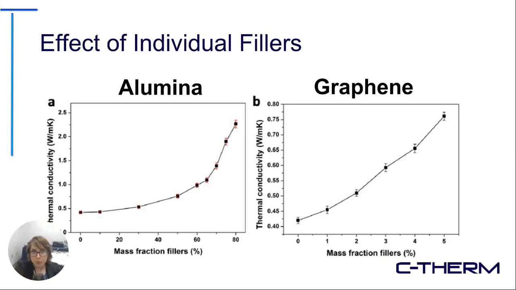With alumina, to achieve the same doubling of the thermal performance, you have to add almost 70 weight percent of alumina. Again, these data were collected using the modified transient plane source technique, which is offered on our Trident unit.